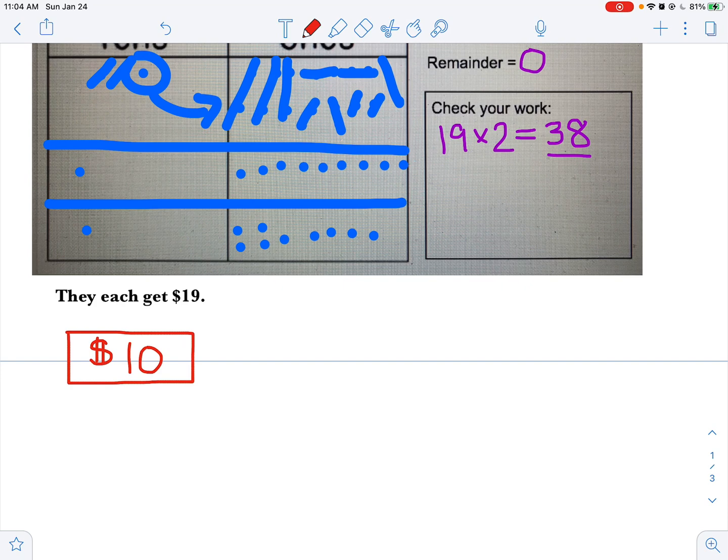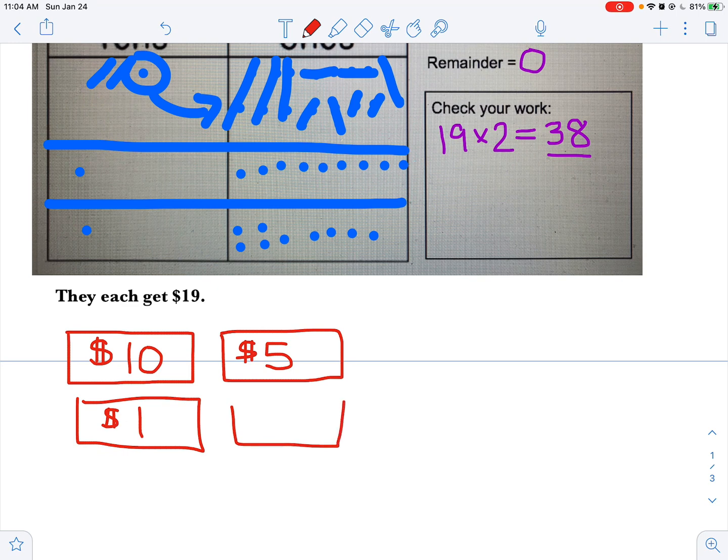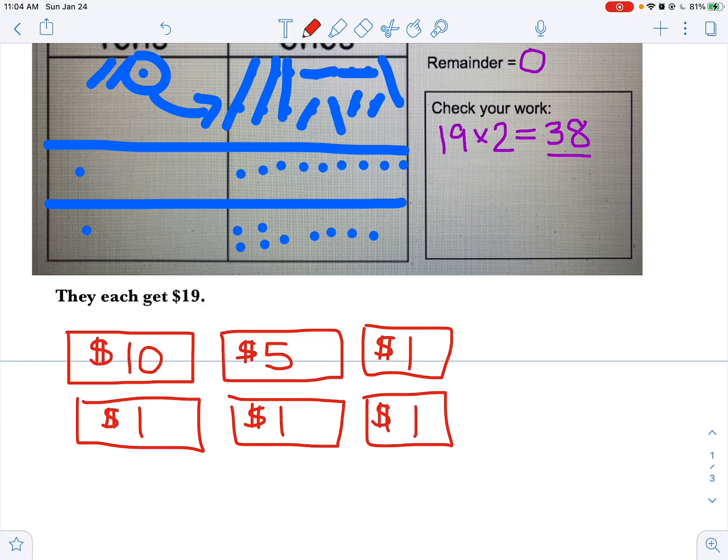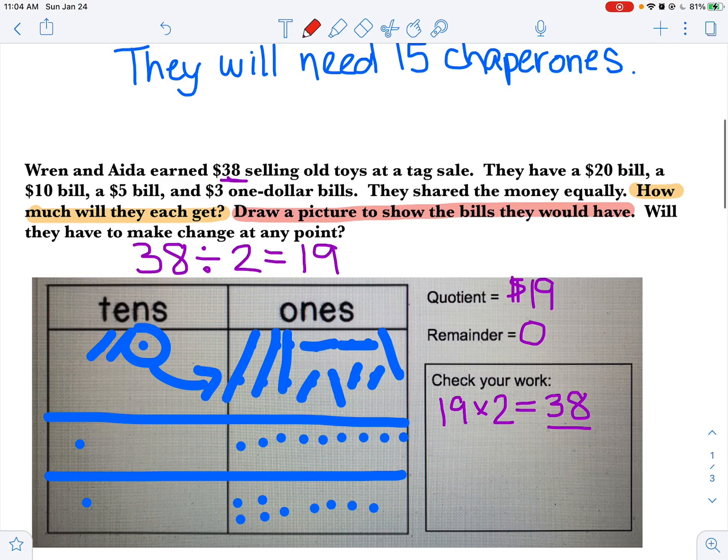If you're somebody who carries money around, you probably wouldn't want 9 ones in your pocket. It takes up a lot of space. So I'm going to say they would want a 10, a 5, and then 4 $1 bills. And this is how you show it. Nice and easy, no fanciness with those bills. Keep it simple. I've drawn a picture to show the bills they have.